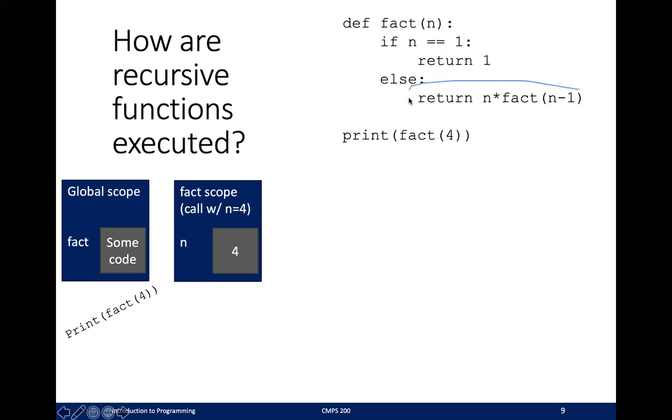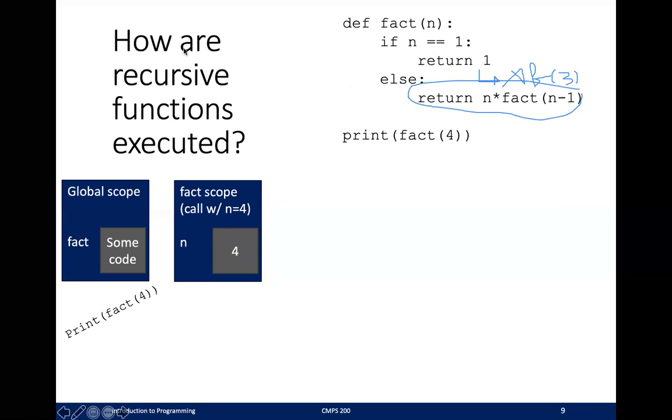So it's going to return 4 times fact of n minus 1, which is 3. That's what it's going to execute. Basically, return 4 times factorial of 3.